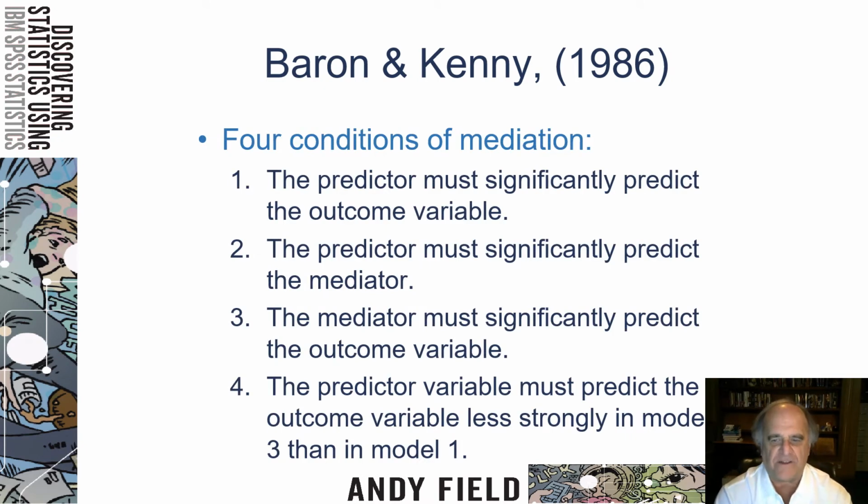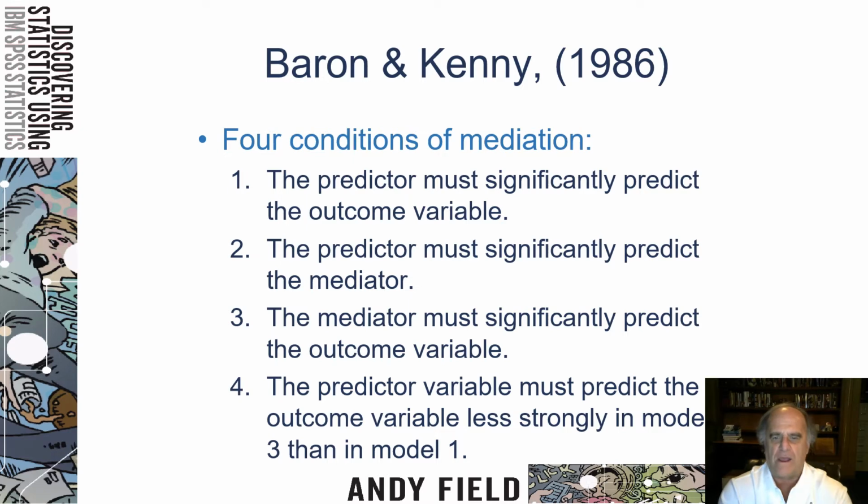Baron and Kenny also argue there's 4 conditions of mediation. The predictor, and so you'll note, this is what we were just talking about. Baron and Kenny say the predictor must significantly predict the outcome variable. So that's number 1 there. Now, as I said, since Baron and Kenny, not everyone agrees with that. Number 2, the predictor must significantly predict the mediator. Number 3, the mediator must significantly predict the outcome variable.